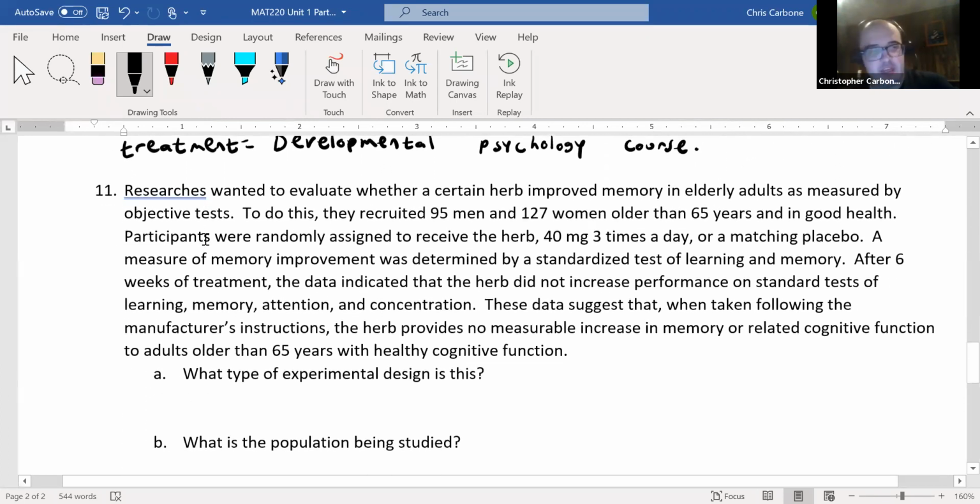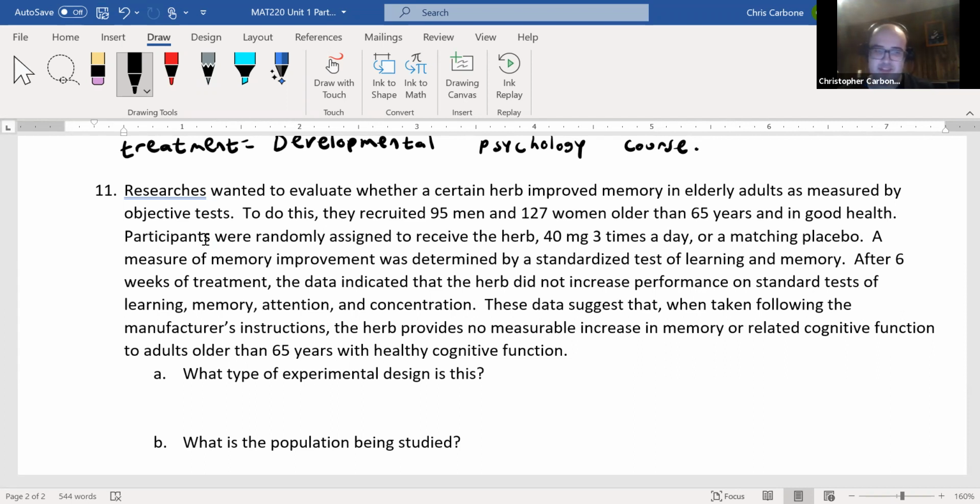And then finally, we have question number 11, which is unfortunately broken up into a lot of different little parts. But for this, we have researchers who wanted to evaluate whether a certain herb improved memory in elderly adults as measured by objective tests. To do this, they recruited 95 men and 127 women older than 65 years and in good health.